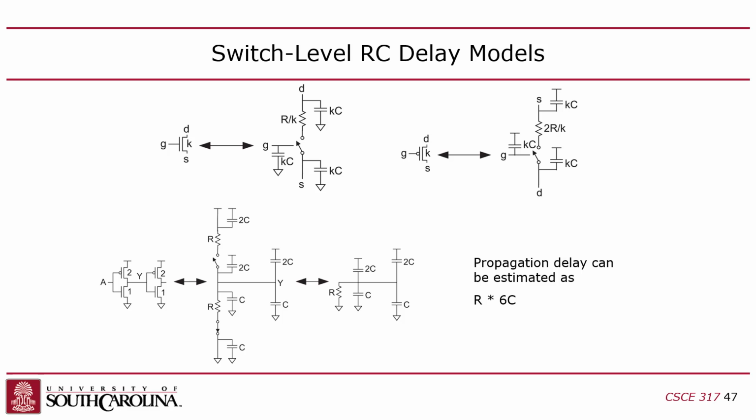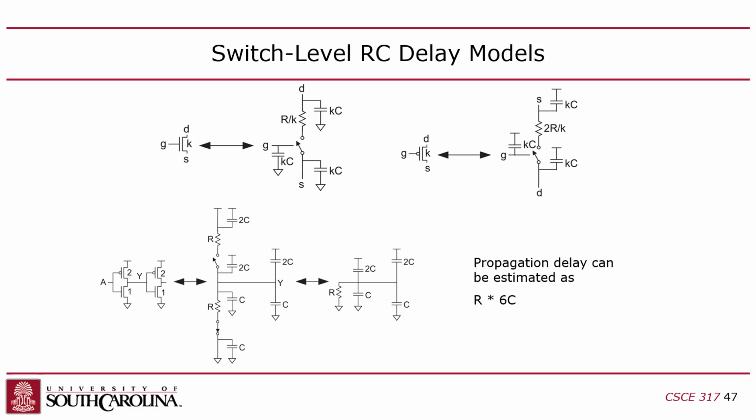But on the second inverter that we're driving, we only look at the gate capacitance. So you only care about the capacitance for the pull down and pull up transistors, source and drains, for the driving gate, but for the receiving gate, it's only the gate capacitance. You guys with me? Okay?